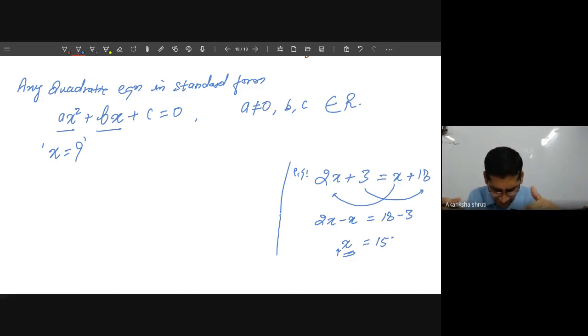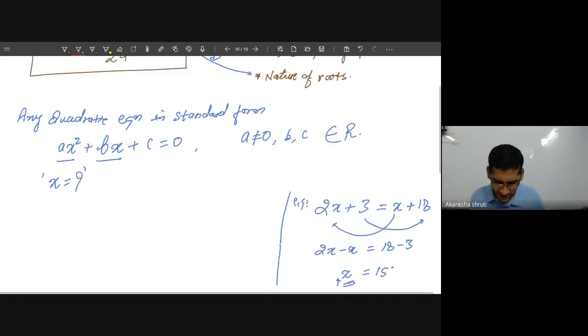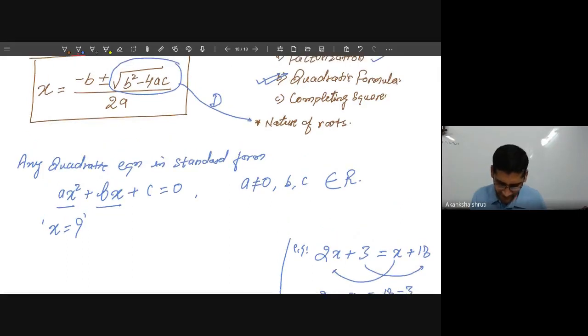Therefore, if we can find the value of x in terms of a, b, c, then by substituting different values of a, b, c, we can calculate the different roots. That value of x in terms of a, b, c will act as a formula. That formula is called the quadratic formula. Meaning we are going to derive this quadratic formula.